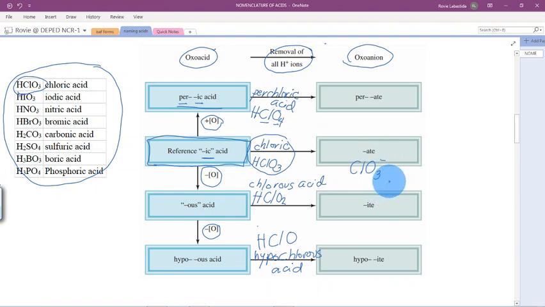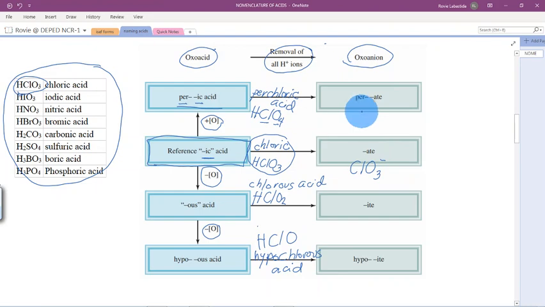That is just an easy way for you to remember. The number of hydrogen ions somewhat represents the number of the negative charge as well.